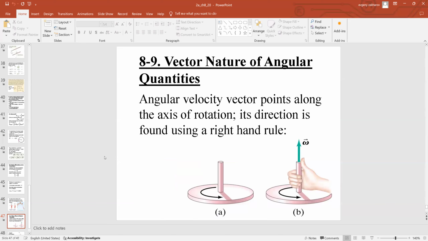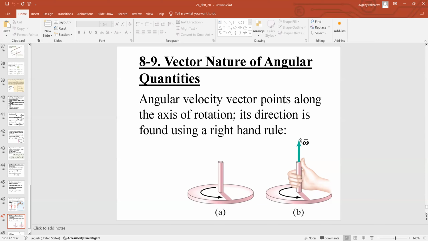So the angular velocity vector points along the axis of rotation. Direction is found using the right-hand rule. We're not going to do any right-hand rules at this level, but think about a right hand: the thumb shows the direction of angular velocity if you curl your fingers the way the rotation is happening.